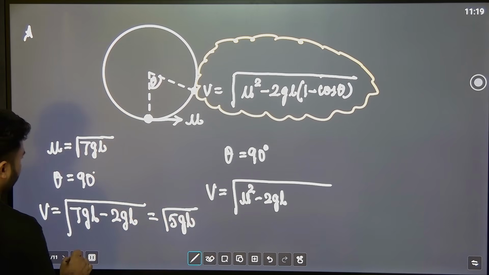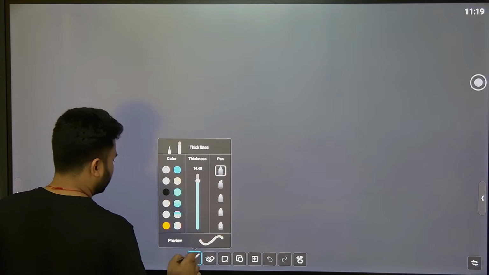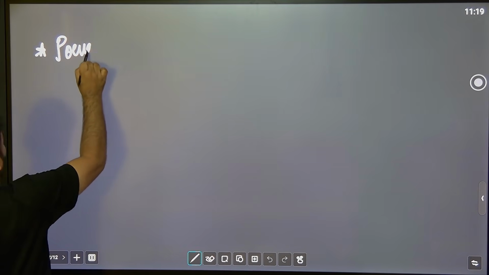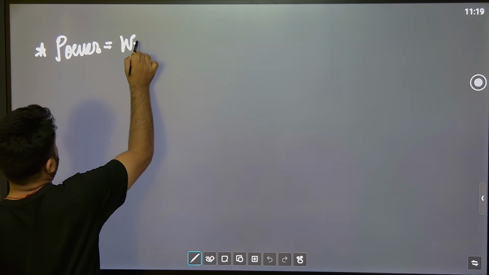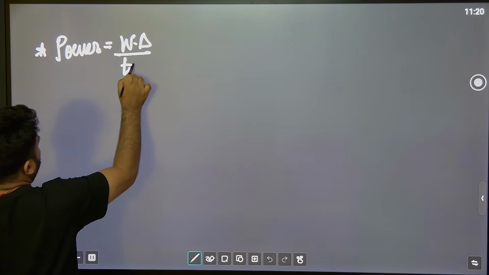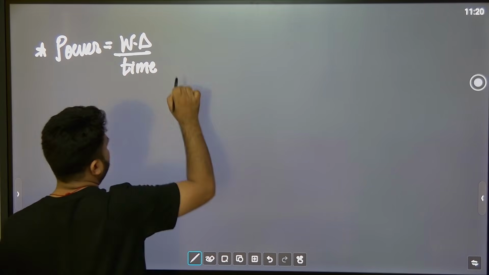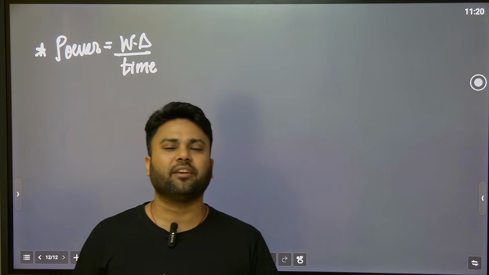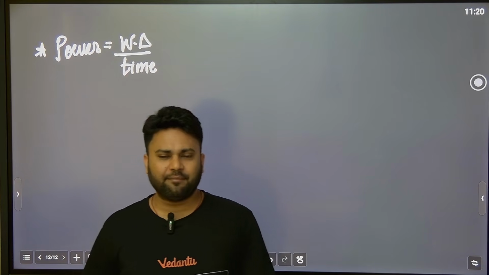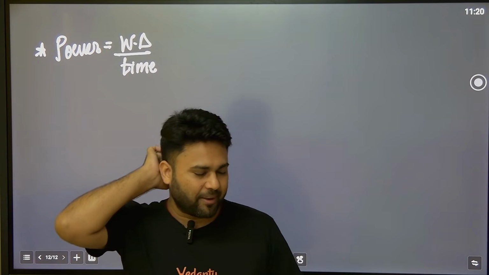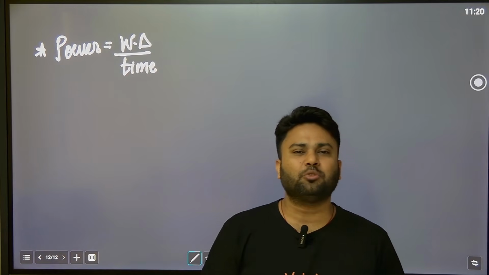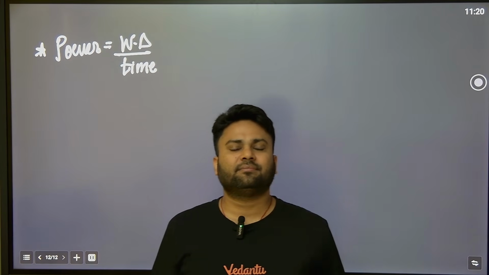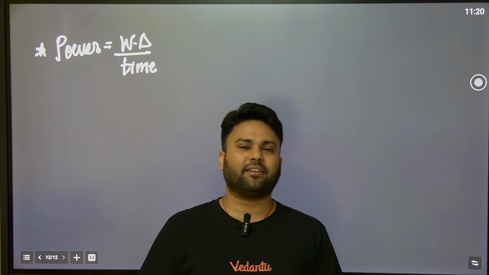Next we are going to study a little about power. Power is nothing but work done divided by time. Rate of work done means how much work you are doing in how much time. Time is very important. Suppose I ask you that you have to study 2 chapters. One student said, sir, I have completed. Another student also said, I also completed.